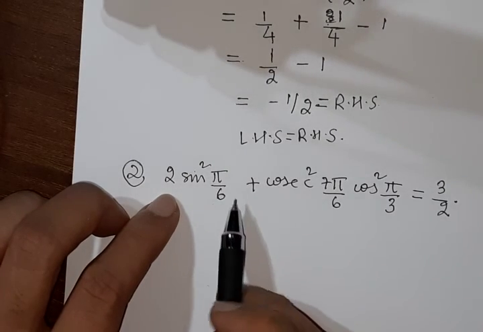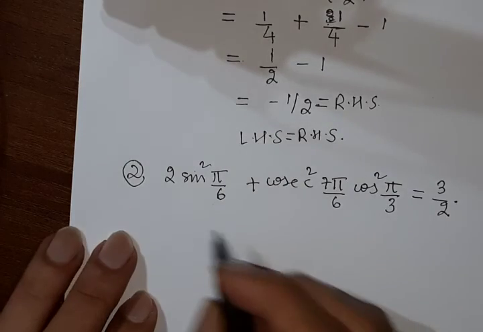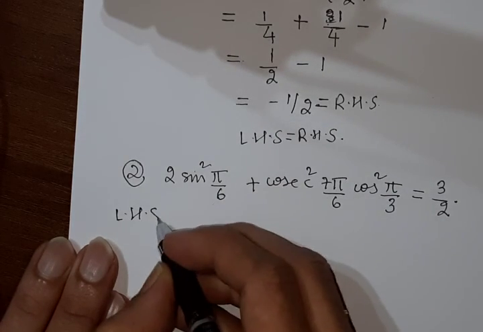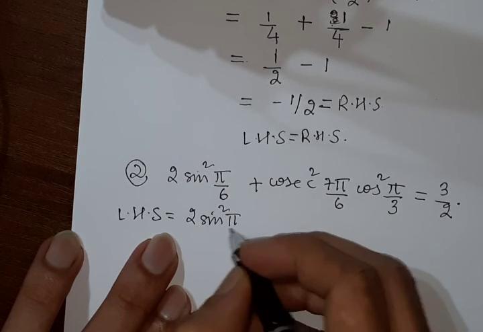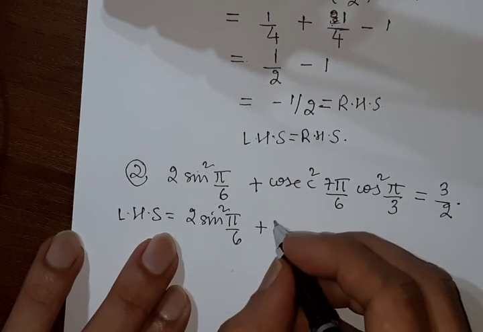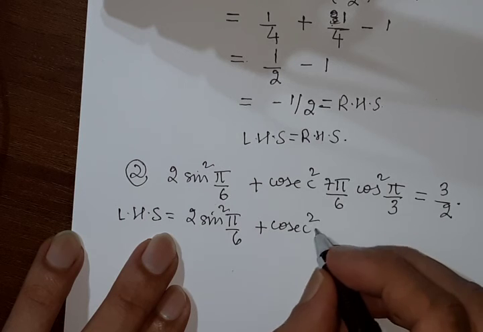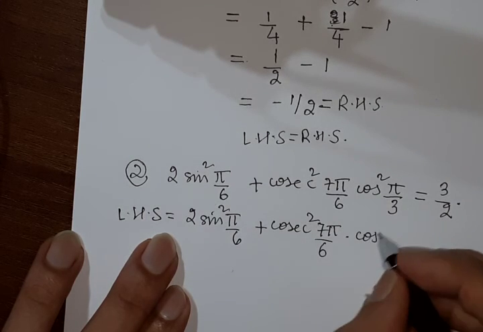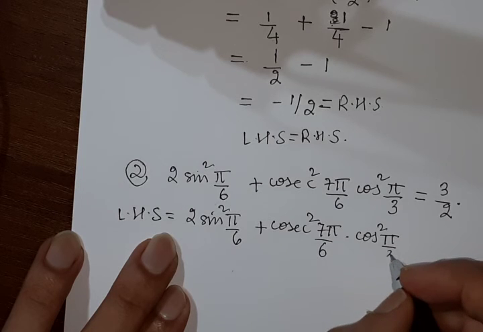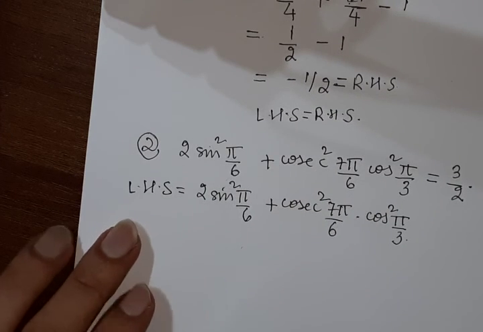Now let us take the LHS, that is how you have to start. LHS is 2 sin² π/6 + cosec² 7π/6 multiplied by cos² π/3.